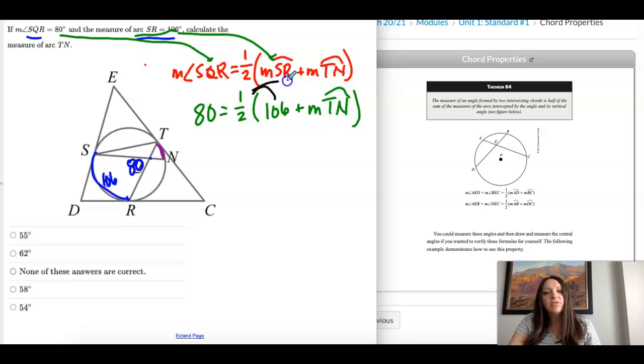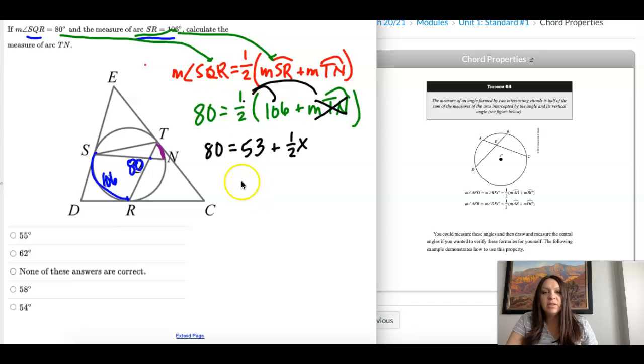I'm going to distribute that 1/2 and solve for the measure of arc TN, which if you don't want to write that every time, just call this X. It's the unknown, what we're trying to find. So 1/2 times 106 is 53. And then I'm just going to say 1/2 X. That's our unknown. It's the arc we're trying to solve for.